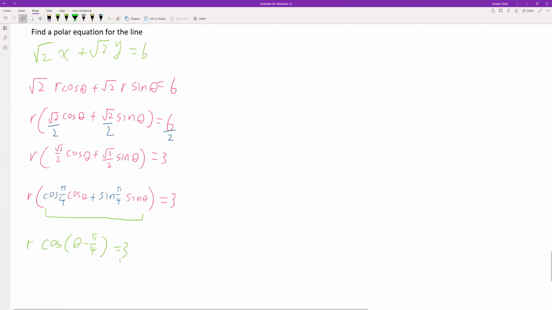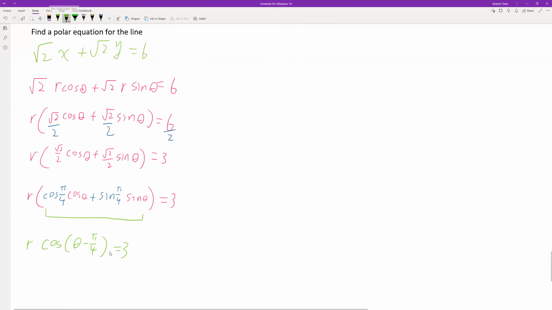In some cases you'll have rad 3 over 2 and 1 over 2, which will correspond to the same angle for cosine and sine. And then you can use the same technique to combine these two terms into just one trig function of the form r cosine of theta minus pi over 3 equals 3.